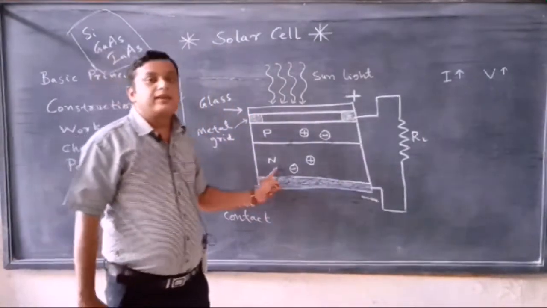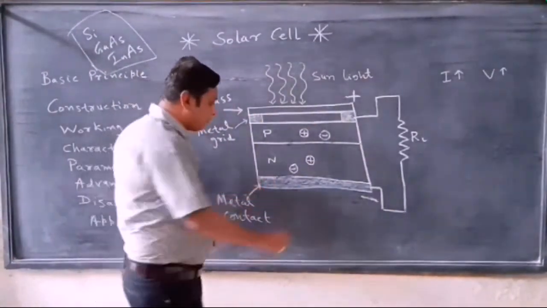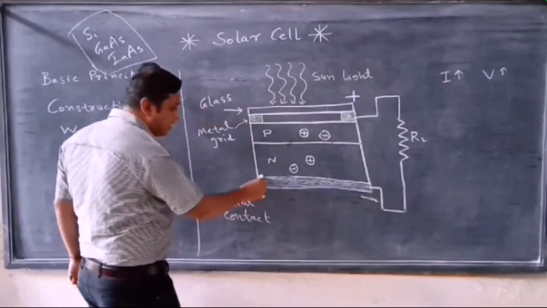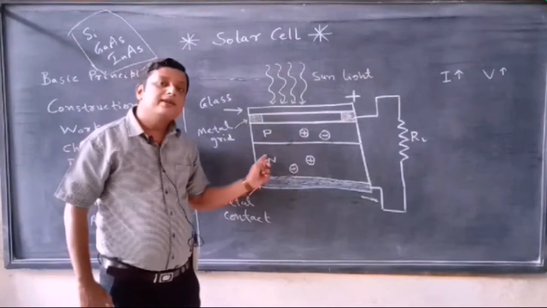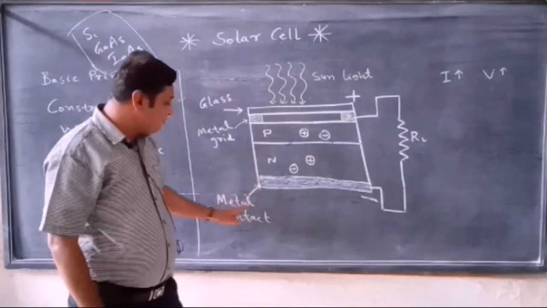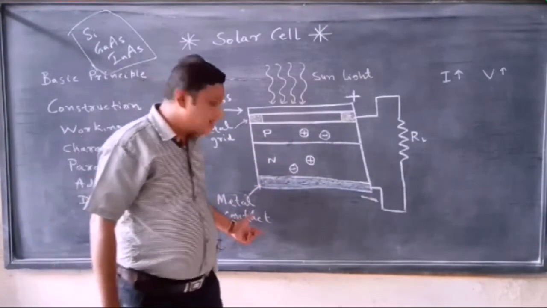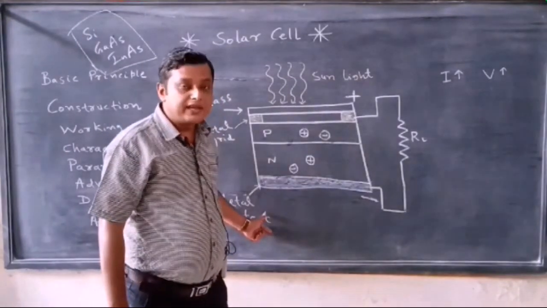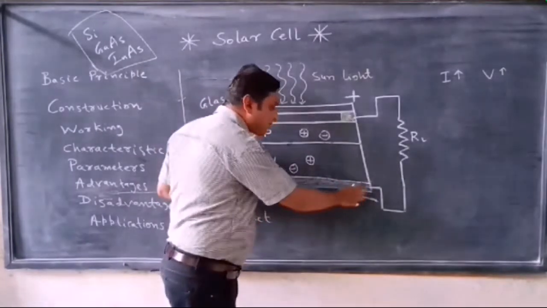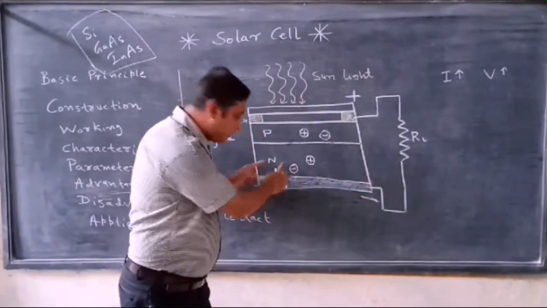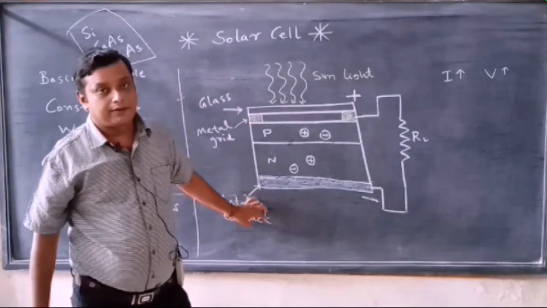Another thing is that the base of the n-type semiconducting material is covered with a metal contact, which means the base of the n-type material is in contact with the metal contact.